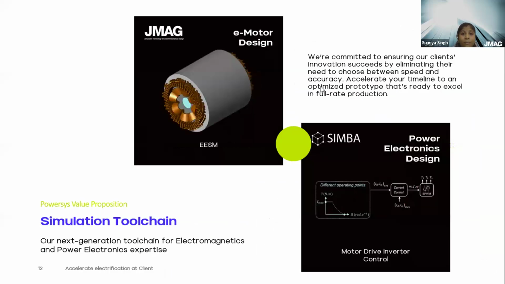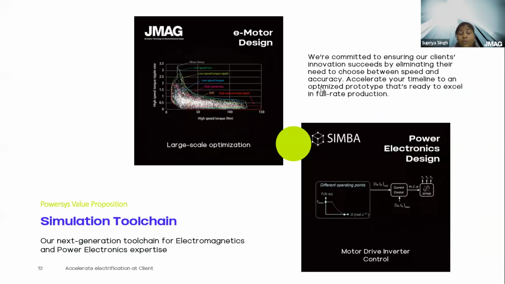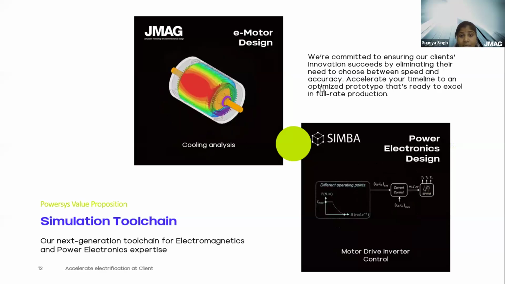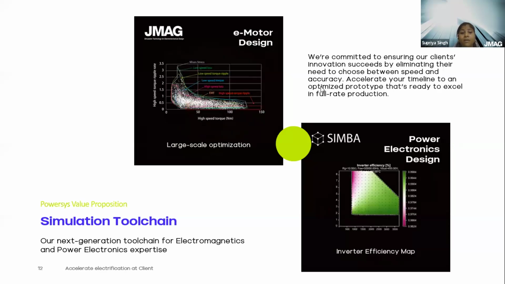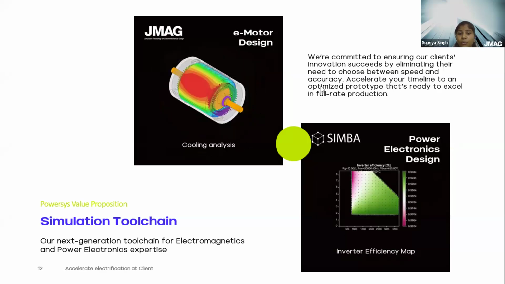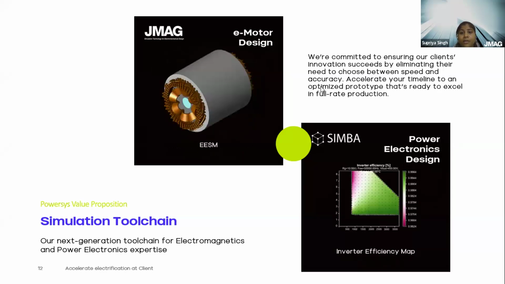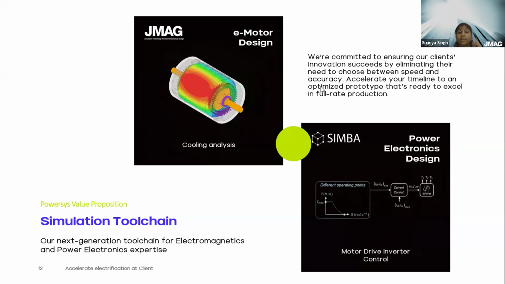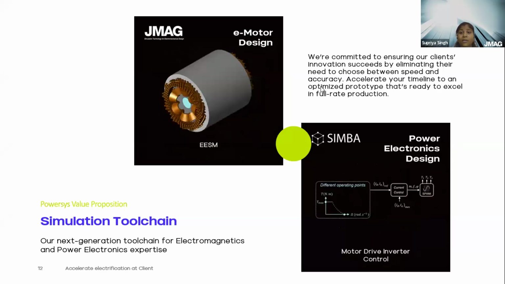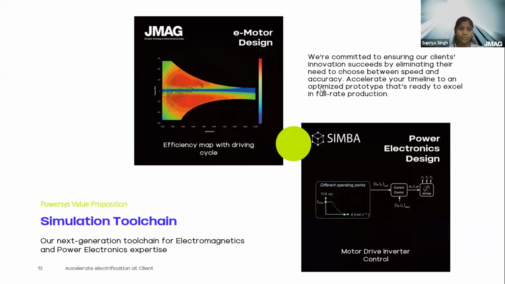These are our two main products: JMAG, an e-motor design simulation software for the design of all your electrical devices, and the power electronics tool Simba, our own developed next generation tool for electromagnetics and power electronics. We are committed to ensuring our clients' innovations, which eliminates risk and increases speed and accuracy, accelerating your timeline to an optimized prototype which is ready for full rate production.